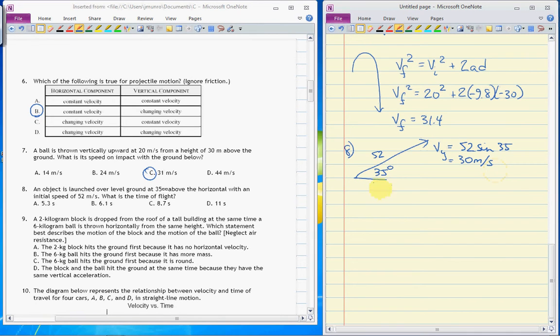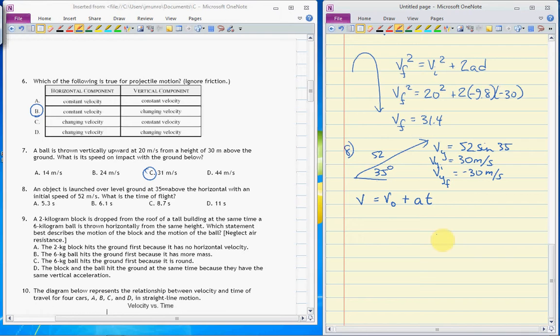Well, if it's going to be launched and then return to the same level, the final velocity must equal negative 30. This is going to be useful to us because we can then set them equal to each other, because we have the formula V is equal to V naught plus a t.